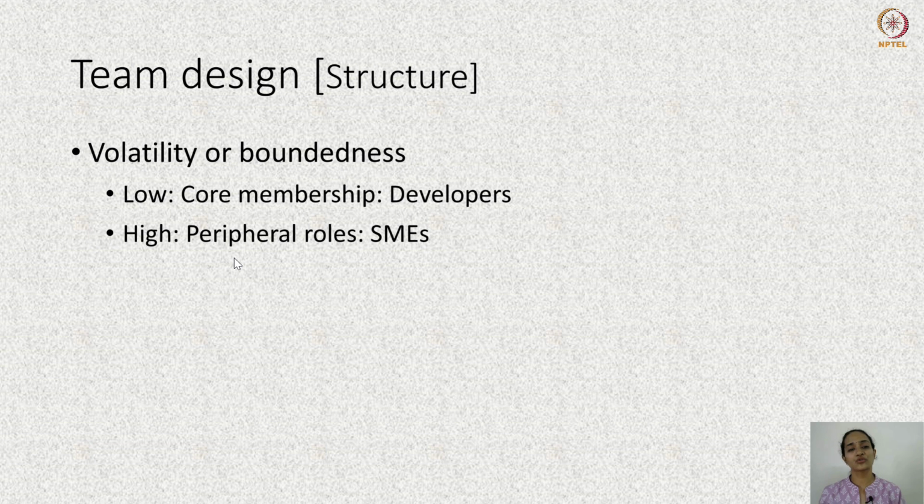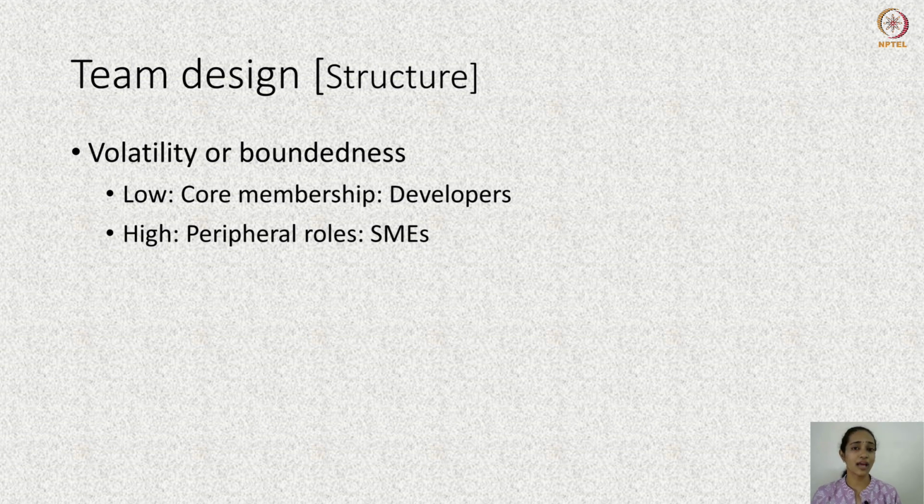roles. The next important aspect that we have to keep in mind when we are designing agile teams is the extent of volatility or boundedness.